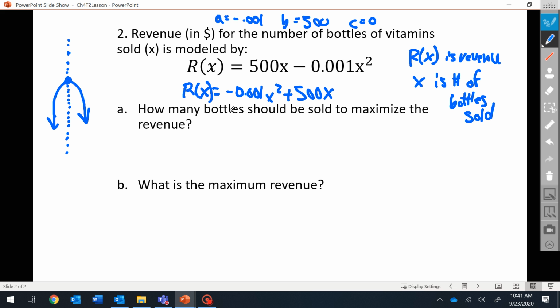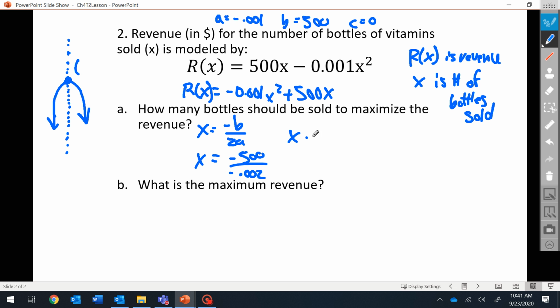So the number of bottles from my vertex is going to be the number sold to maximize the revenue. So the x-coordinate of the vertex is what I'm looking for here. Negative b over 2a. In this case, that's negative 500 over 2a, so 2 times negative 0.001, which is negative 0.002.